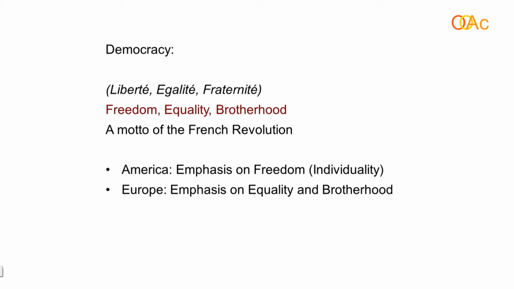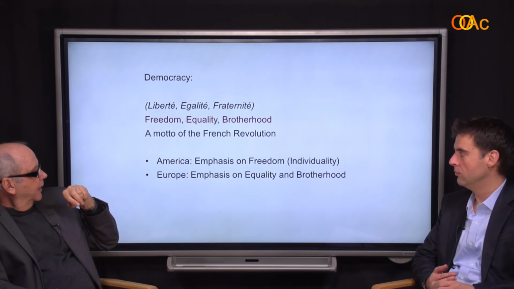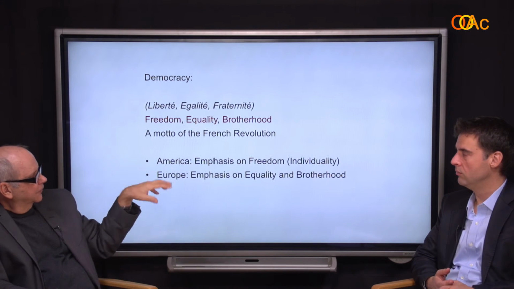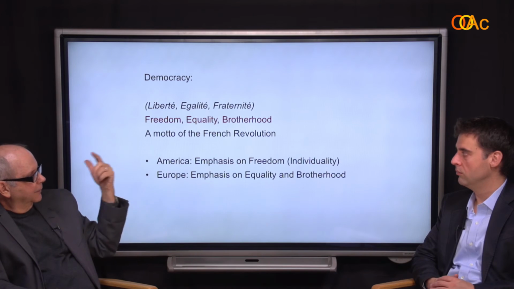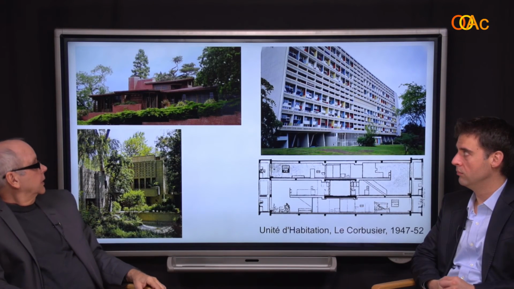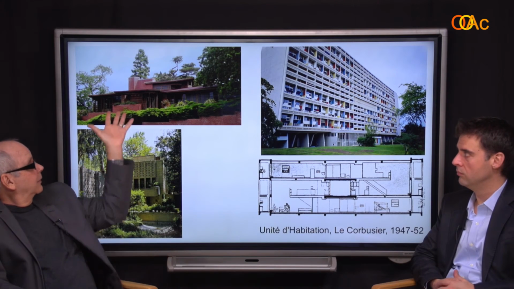So if we look at the slogan of the French Revolution, freedom, equality, brotherhood, liberté, égalité, fraternité, maybe in America there's more an emphasis on freedom, and in Europe more an emphasis on equality and brotherhood. And right now, people are wondering, is there too much of an individualistic cowboy mentality in America? And certainly the Europeans think so. So here are two very different houses.